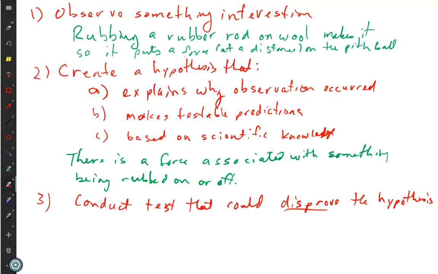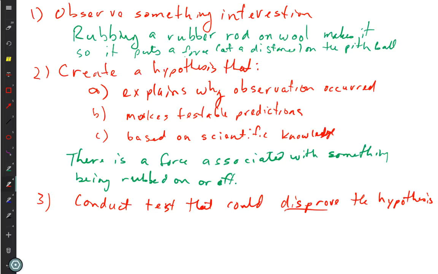So I might say, okay, well, I could test this and maybe measure the mass of my rod. And if the mass of my rod changes after the rubbing, then that would agree that something was rubbed on or off. If it stays the same, that would disagree, right? So that would be a test.